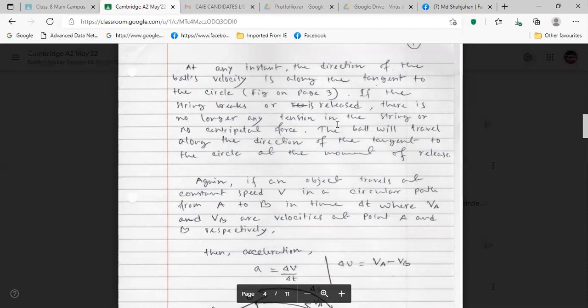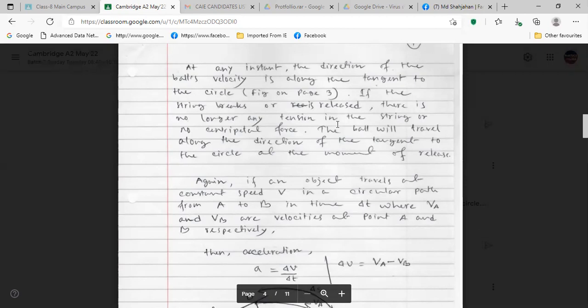The ball will travel along the direction of the tangent to the circle at the moment of release. Again, if an object travels at constant speed v in a circular path from A to B in time del t, where va and vb are velocities at points A and B respectively, then acceleration a is equal to del v by del t. Okay, we are going to discuss that one now.